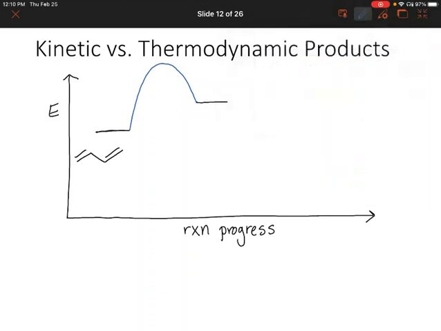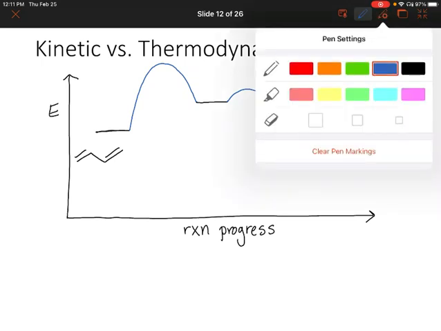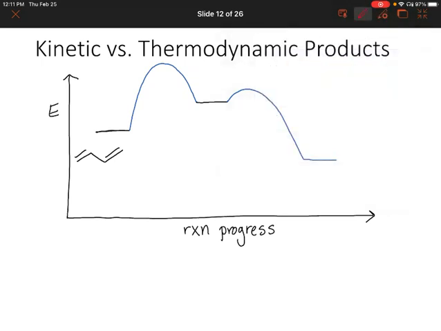And then we'll see a reaction pathway for the addition of bromine to the second carbon. And then we'll see a reaction pathway for the addition of the bromine to the fourth carbon.